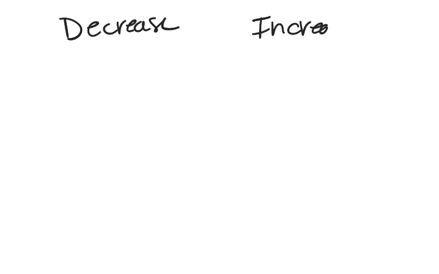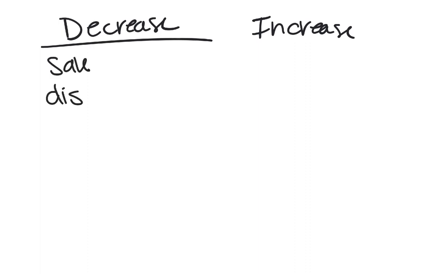So the last thing I want to do is separate some decrease and some increase words. Decrease is going to be like a sale, a discount, a coupon. Anything that makes the price go down, you're going to subtract.